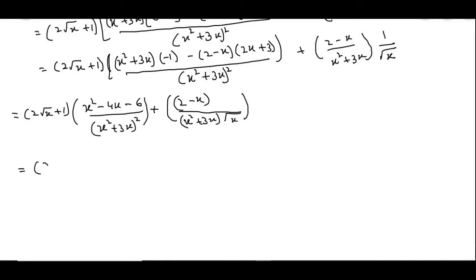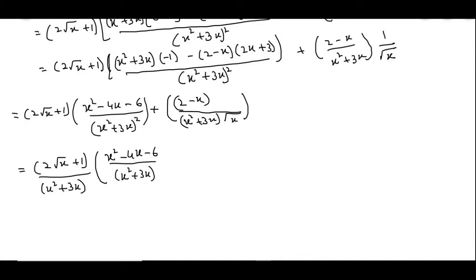Now taking x square plus 3x common, 2 under root x plus 1 over x square plus 3x, x square minus 4x minus 6 over x square plus 3x, plus 2 minus x over under root x.